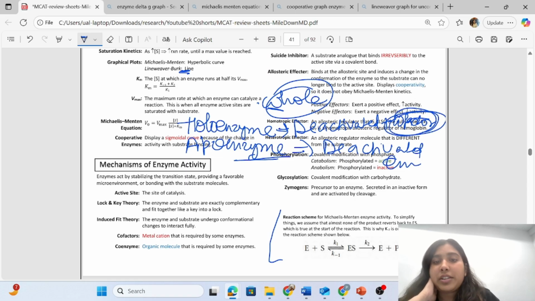Okay, so these are the terms that come up in the passage and you should know.